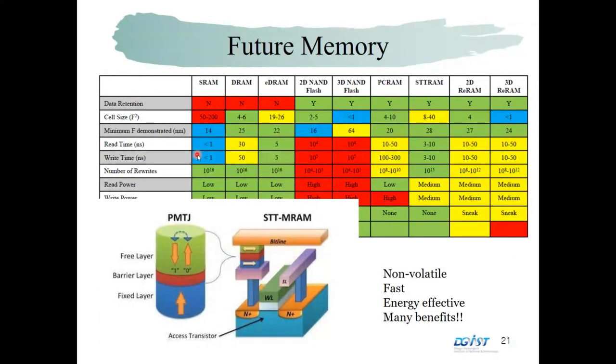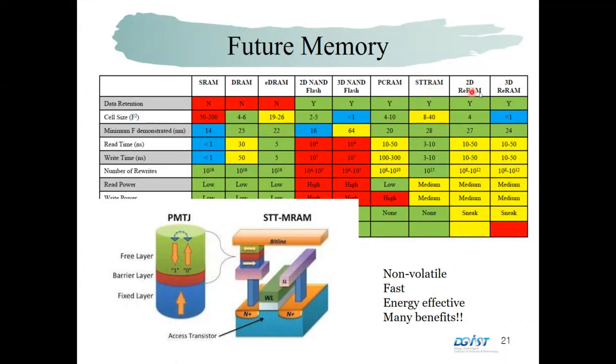There are many kinds of memories, like the DRAM I just explained, and others like NAND flash, which is used in USB drives and your cellular phone. And now we're going to learn about the STT RAM, called spin transfer torque RAM, which is a magnetic memory.